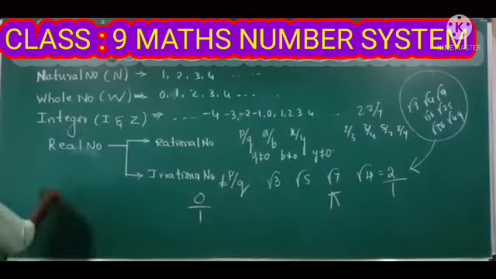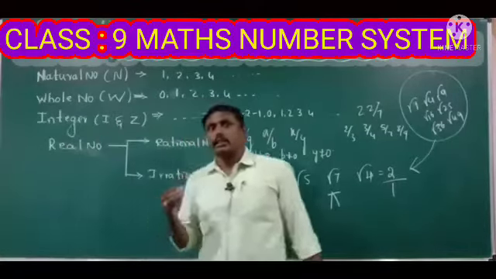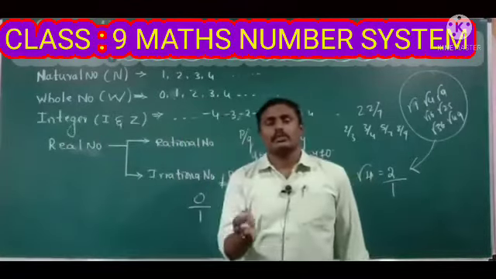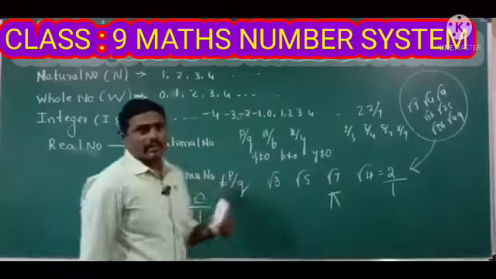Next one, what we learned in the previous classes: even numbers, odd numbers, co-prime numbers, right? Let me recall that.